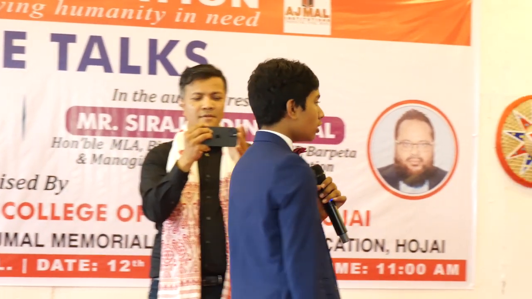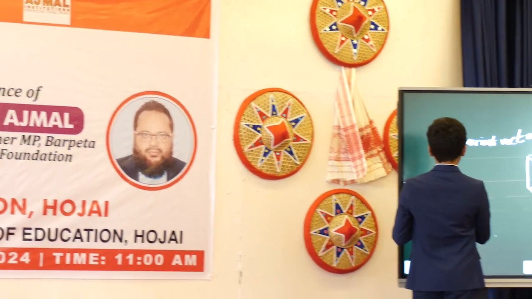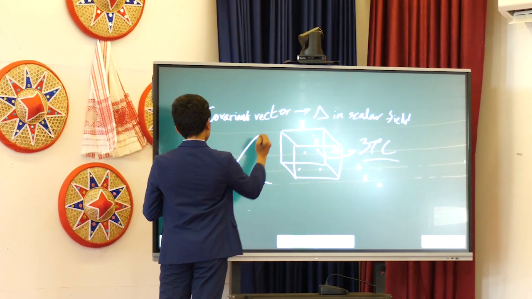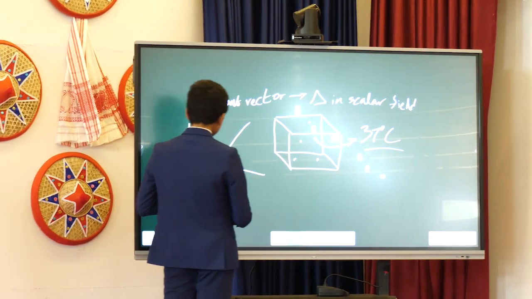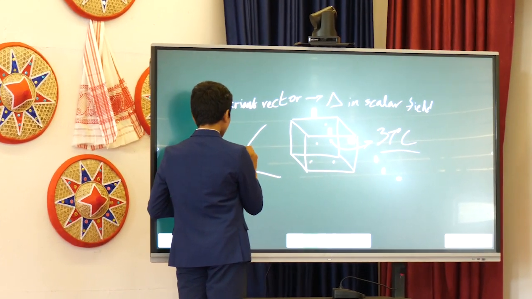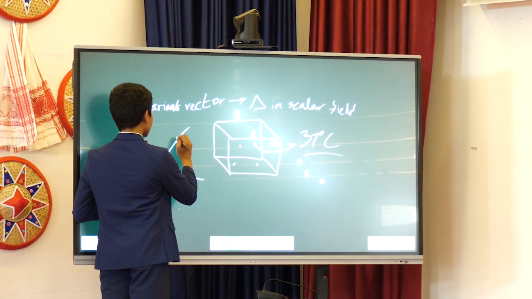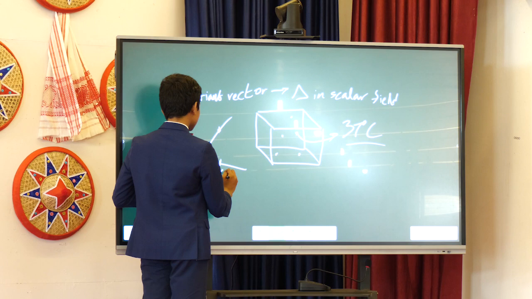Okay. So, here's what a derivative is. Let's say we have a function. Now, in that function, we're going to take one point right over here and then another point right over here. Let's say this is x and this is x plus h.